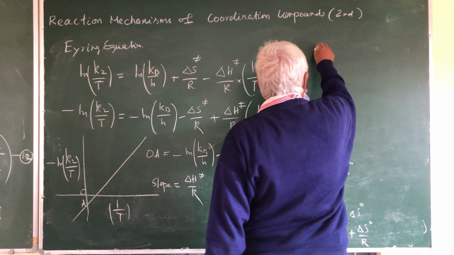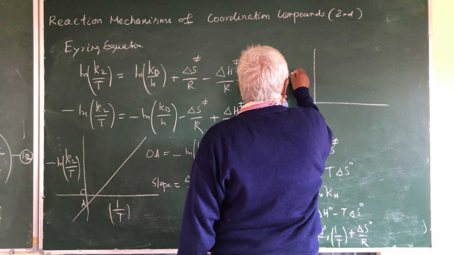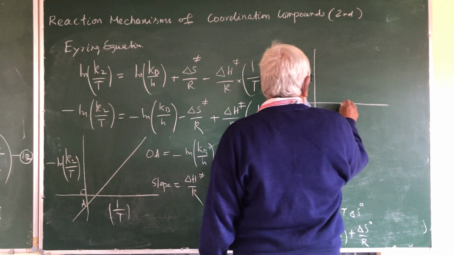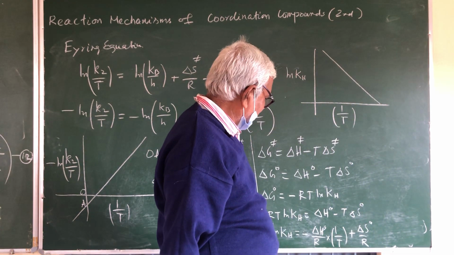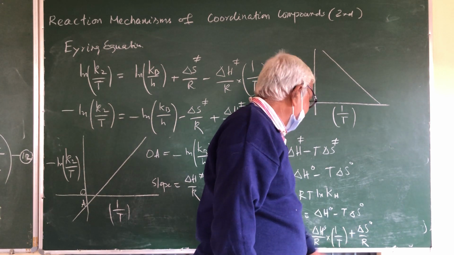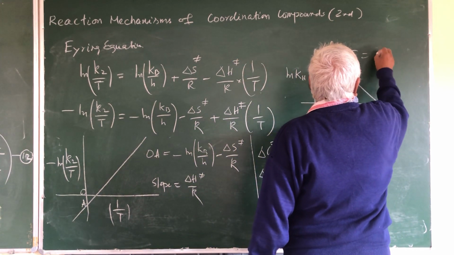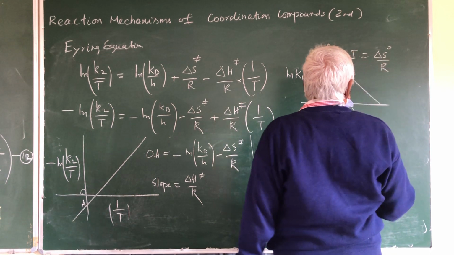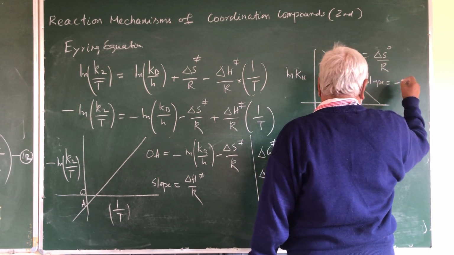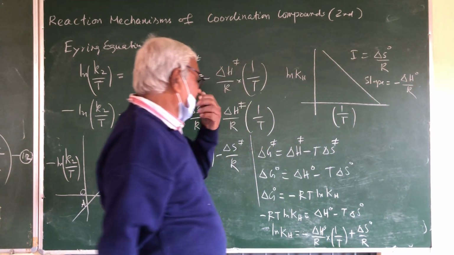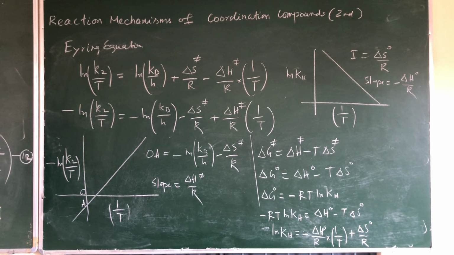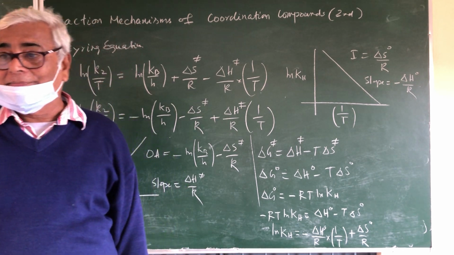So if you plot ln Kh versus 1 by T, from the slope you get the value of delta H0, and from the intercept, delta S0 by R. From the slope it is minus delta H0 by R. In this way we can calculate thermodynamic parameters and also activation parameters for the acid hydrolysis reaction.